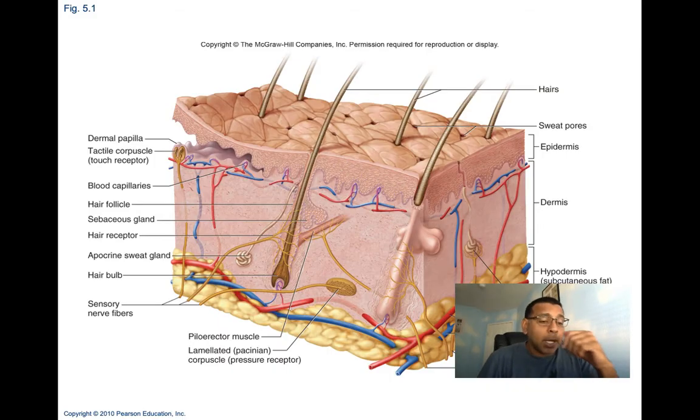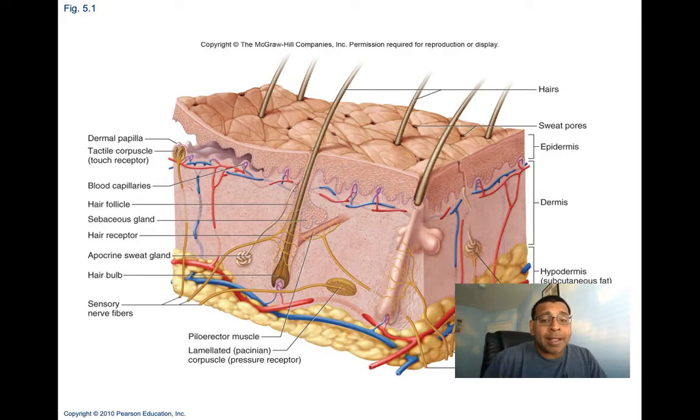This tissue type is going to consist of 4 distinct cell types and anywhere from 4 to 5 distinct layers, and that's all dependent on where in the body we are.